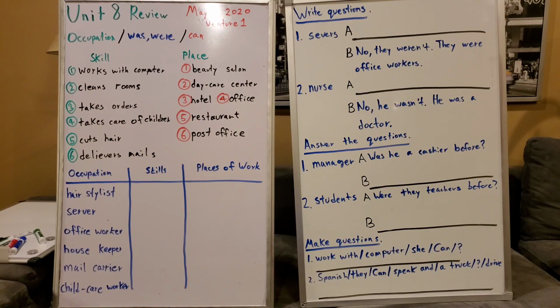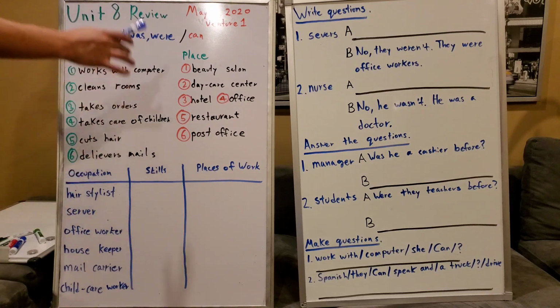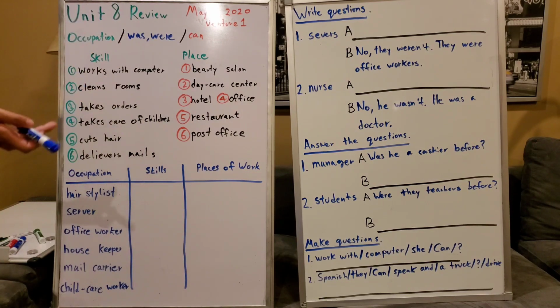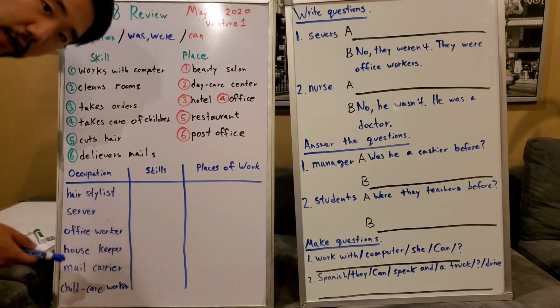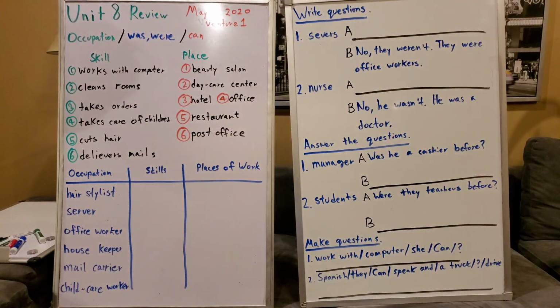Okay, so here we have the exercises for the Unit 8 review. This first one is an exercise for identifying occupation. I have names of different occupations, and I want you to match the skills and the workplace they're going to be at, depending on the occupation.